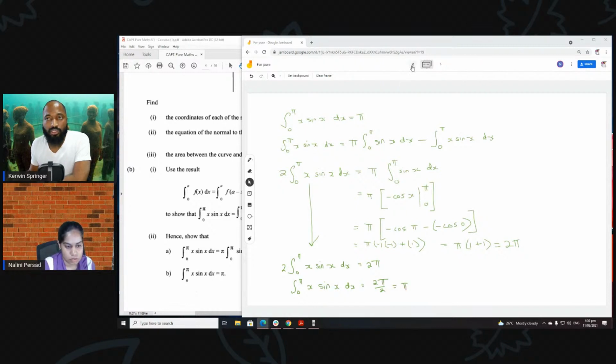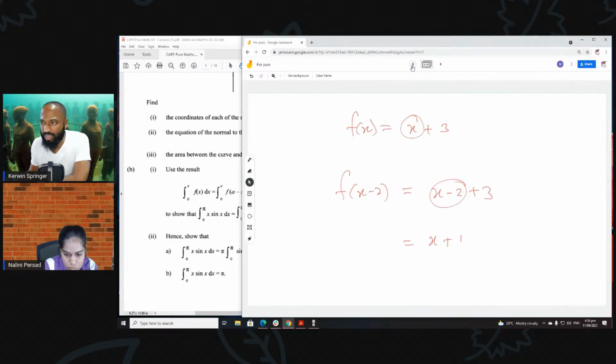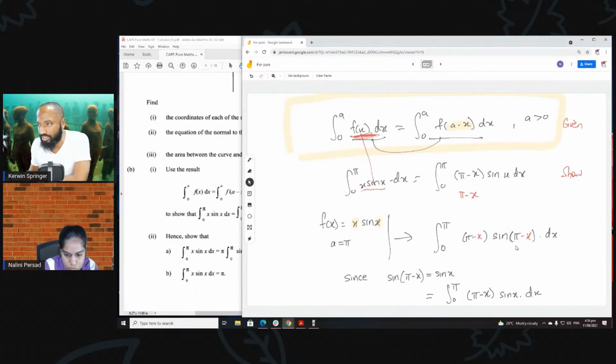Nice. So there was something I wanted to clear up in this question here. Sine pi minus x is equal to sine x when you're integrating between 0 and pi. That's the reason. Sine pi minus x is cos x. The integral of cos x and sine x between 0 and pi is the same thing, I think. It's the area underneath the curve between those two. And they are just mirrors of each other.